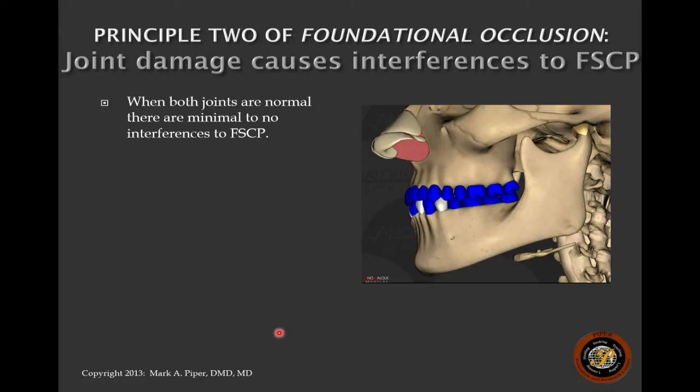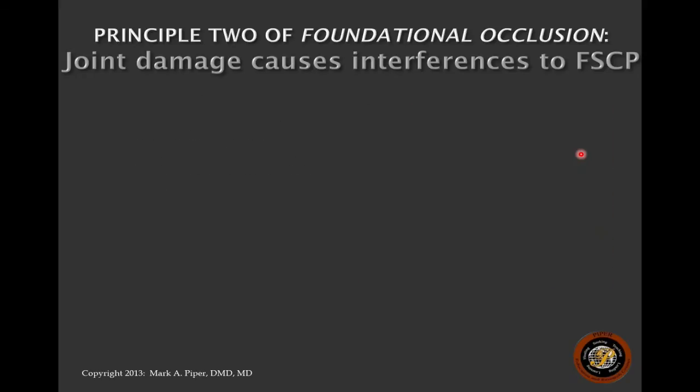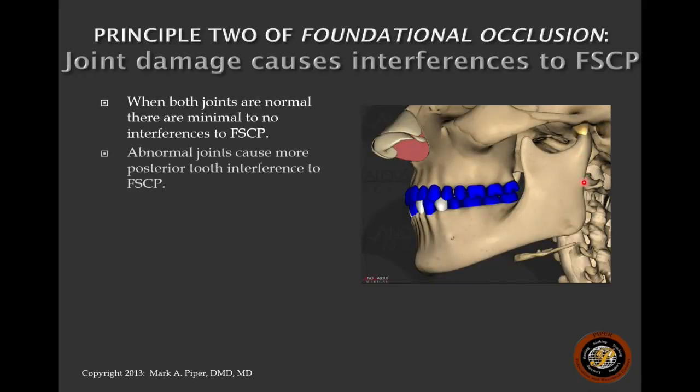When you get to the abnormal joint, you're actually going to find a whole lot more going on. So in the abnormal joint, there's more posterior tooth interference, okay? And that posterior tooth interference is going to interfere as we're seating the condyle. So here I've dislocated the disc. I'll animate it again.